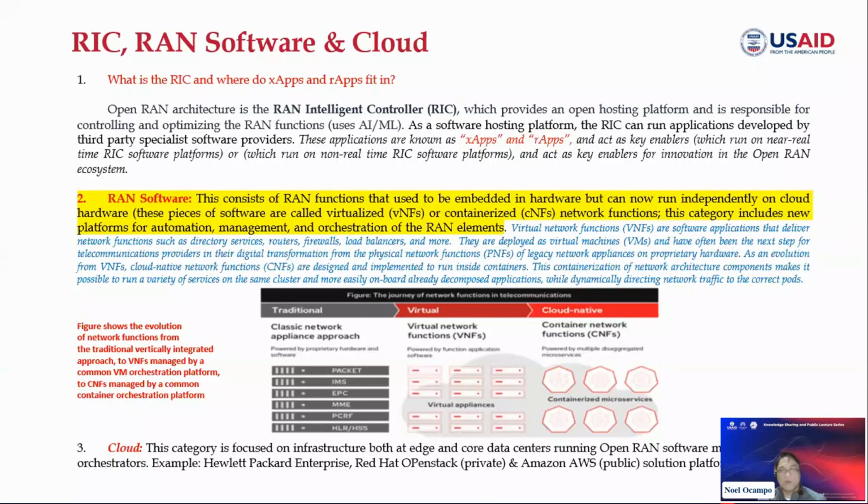This can be both private and public cloud. And as discussed in this category, everything now can be virtualized, especially when it comes to central units and in the future distributed units.